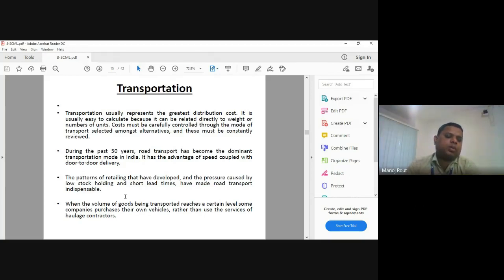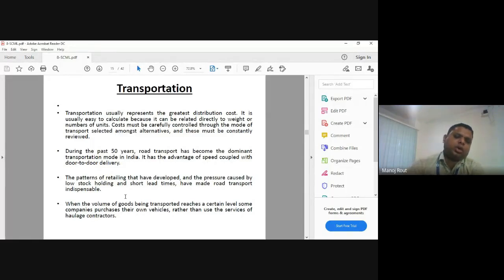The next is, when the volume of goods transported reaches a certain level, some companies purchase their own vehicles rather than use the services of authorized contractors. In that case, I will give the best example of Falcon Marine Export. Before implementing their own logistics company, they just hired a third-party agency or contractor for transportation activity.